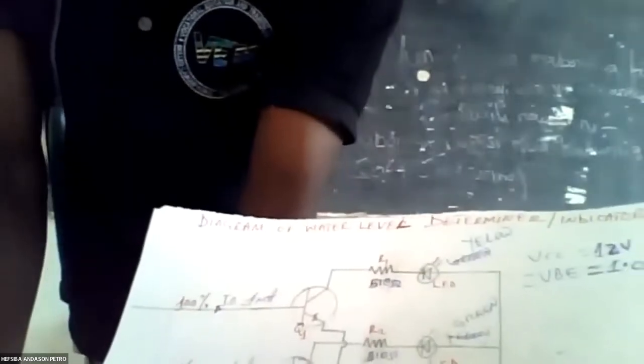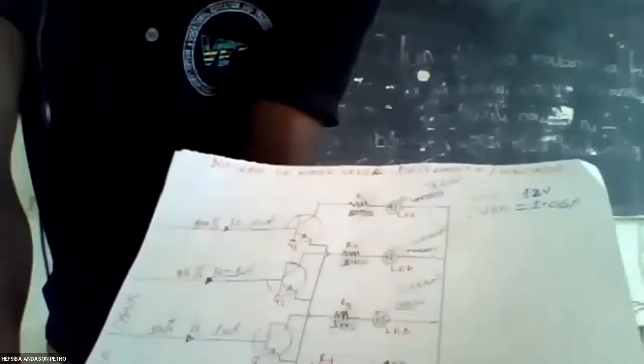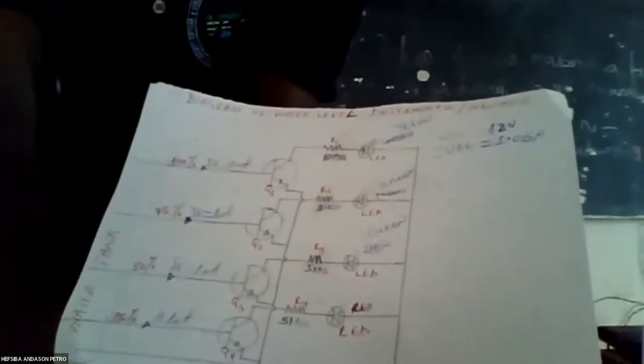Another thing is the operation of this circuit. When we put the input voltage, it uses DC power. The power of DC is different from AC current. DC has a negative and a positive terminal.